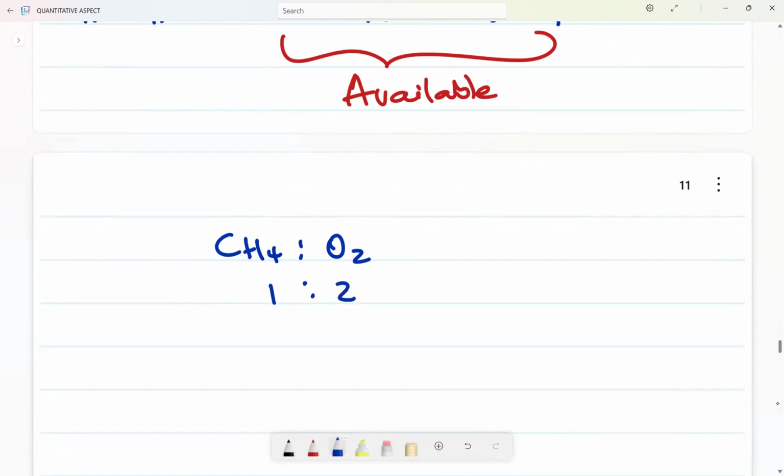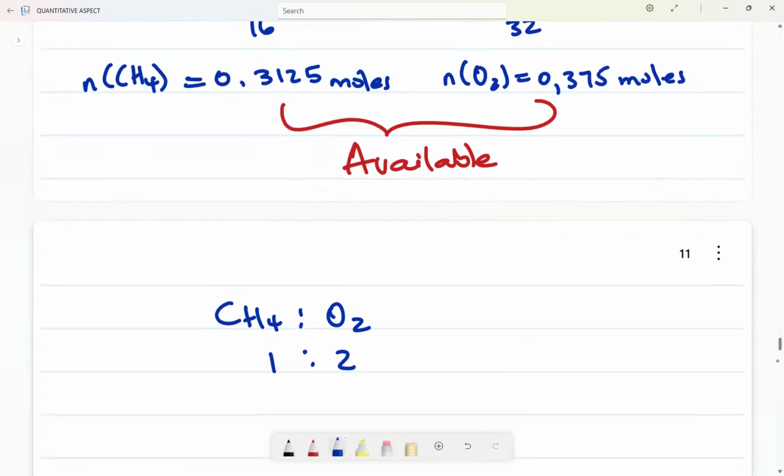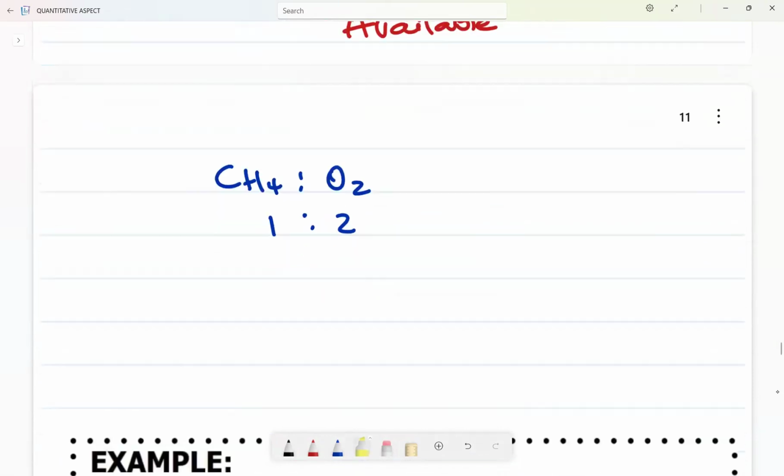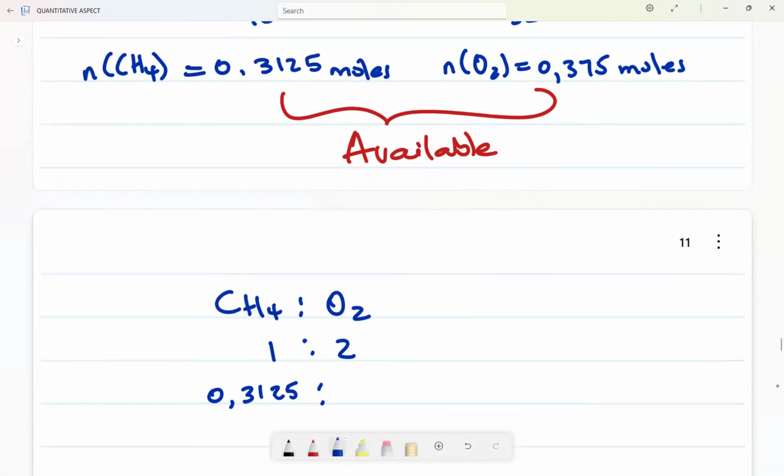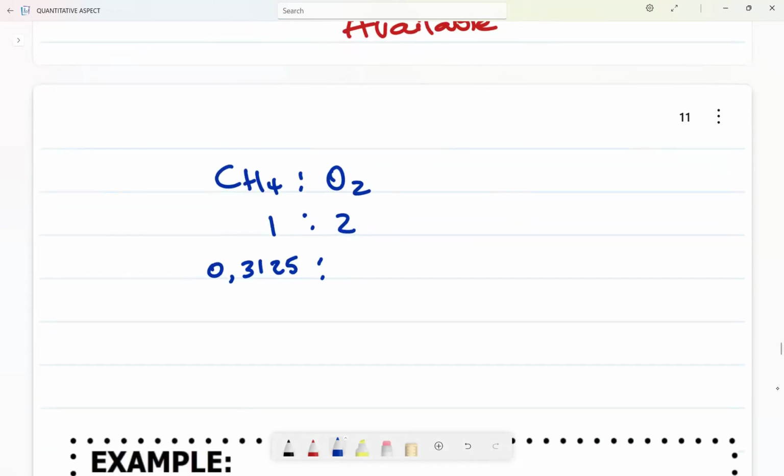1:2. And then what you need to do is assume that you only know this one. What do I mean by that? You need to compare: if I have 0.3125 of methane, how much do I need of oxygen?